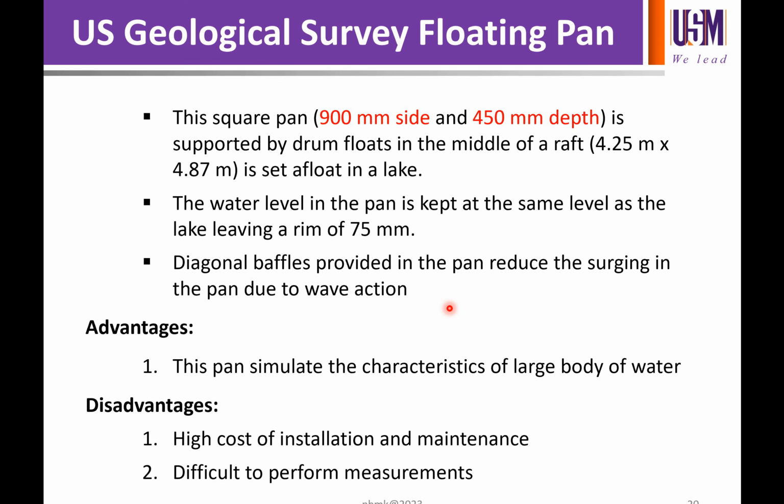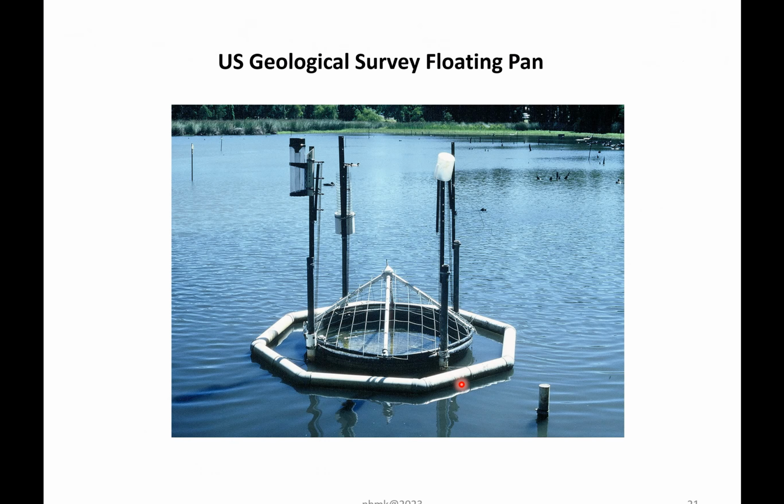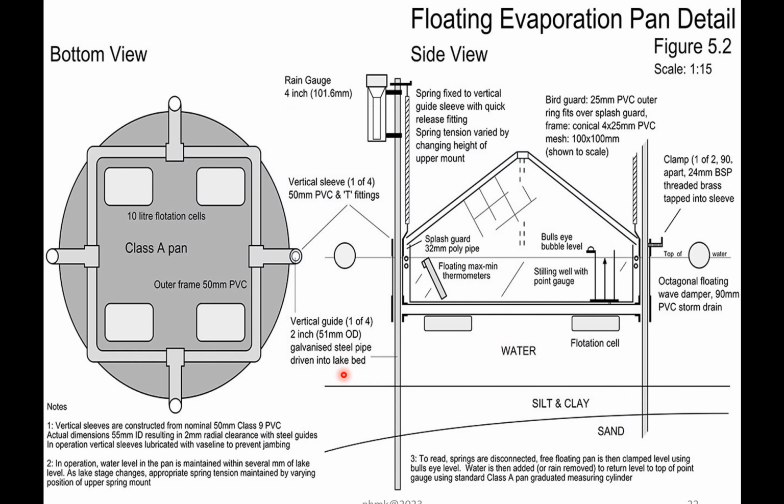Based on this figure, you can see that it is floated on top of the lake, and usually it is also installed with a rain gauge. If you look here, this pan needs to have bird guards, to prevent birds from sitting there, drinking the water or doing other things in there, so that it doesn't cause errors in the reading.